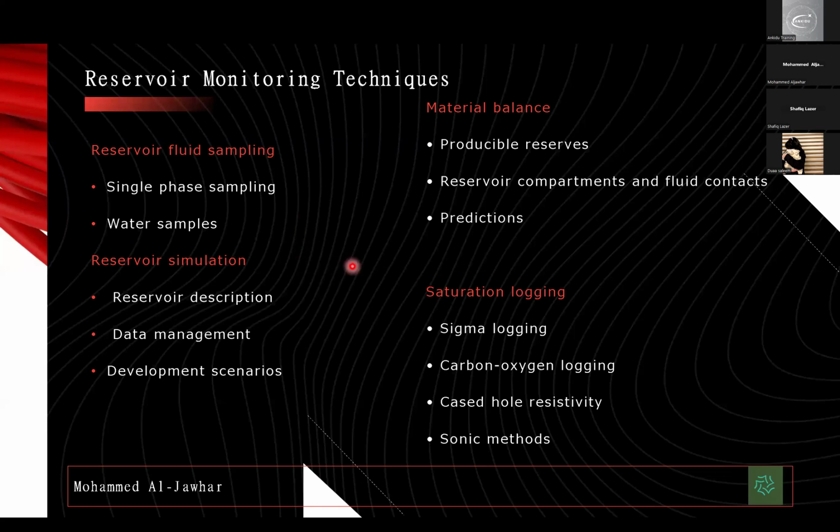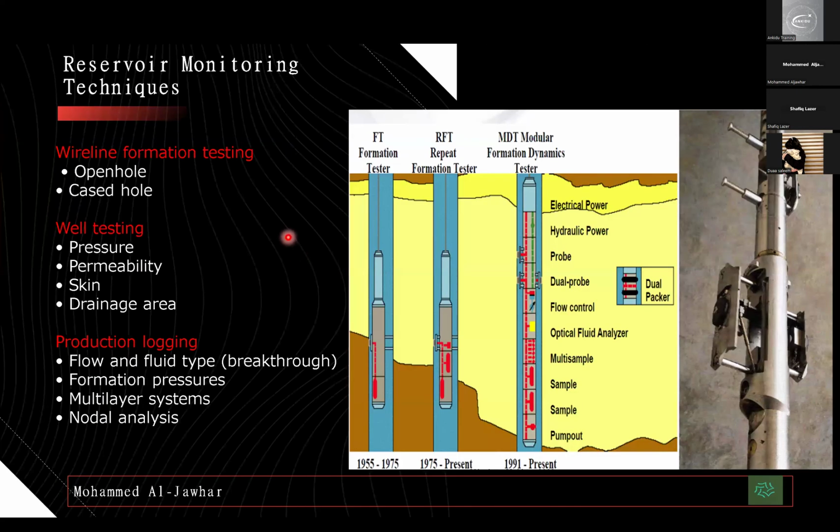So let's take an example of reservoir monitoring techniques, one of which is wireline formation testing. Is it open hole or cased hole? Well testing, production logging. Each one of them gives us certain information. What is the needed information? What is the missing information?